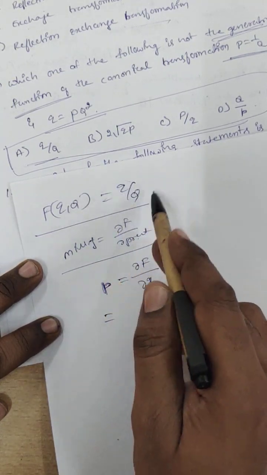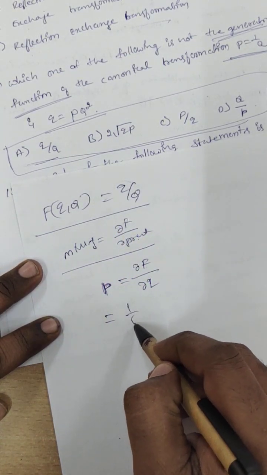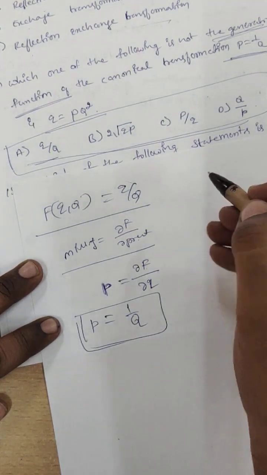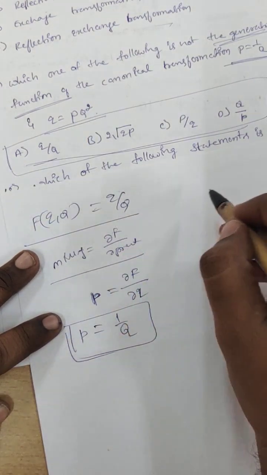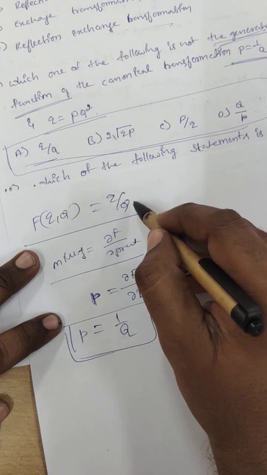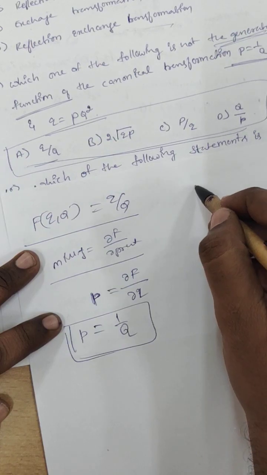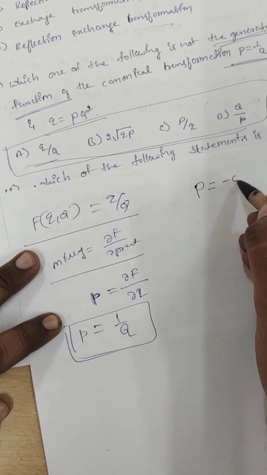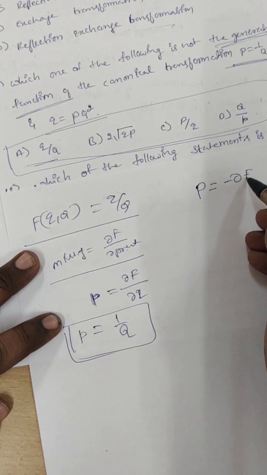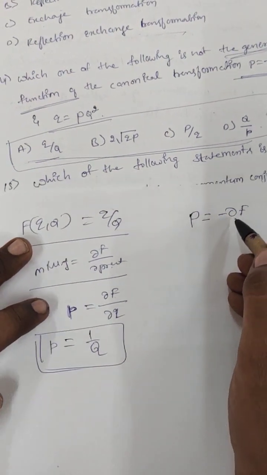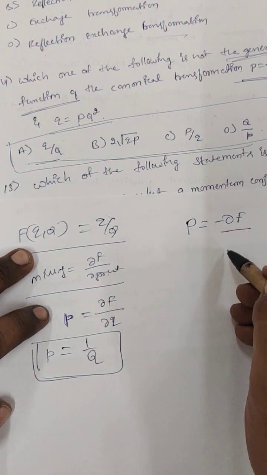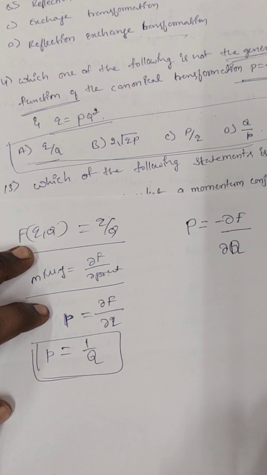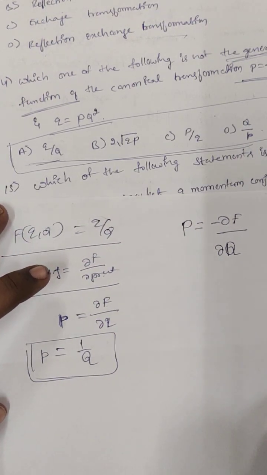Let us differentiate F with respect to small q. So 1 by Q, small p is 1 by Q. And another one is capital Q is present, so capital P is missing. We know that capital P is equal to minus ∂F by ∂ the present variable, which is Q.